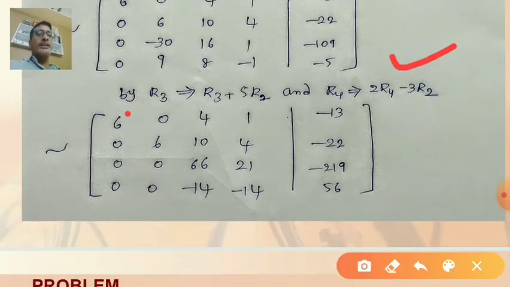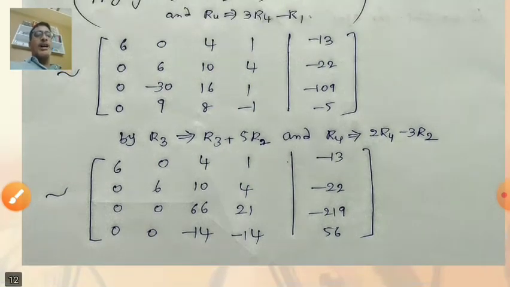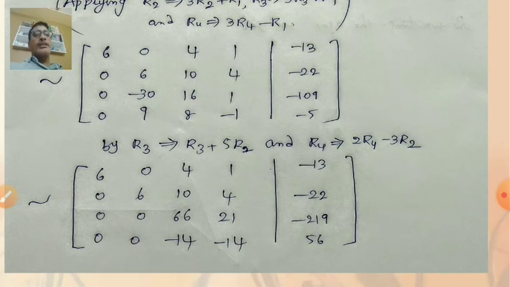So what are they? R3 implies R3 plus 5R2. I will explain here. By taking R3 plus 5R2, what is R3 here? R3 means the element is minus 30, and in R2 here it is 6.